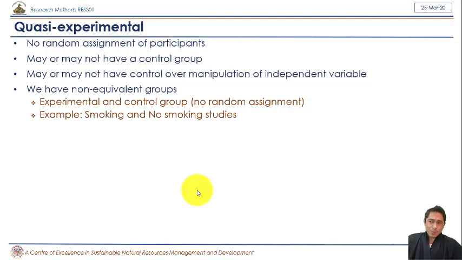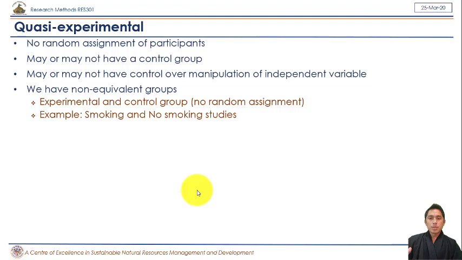And of course, in a quasi-experiment, we do not have all three criteria fulfilled as in a true experiment. In a true experiment we have random assignment, but in a quasi-experiment we do not have random assignment. In a true experiment we have a control group, but in a quasi-experiment we may or may not have a control group.